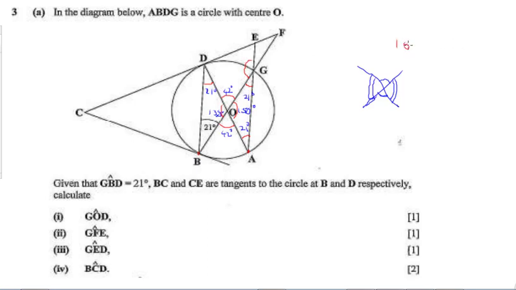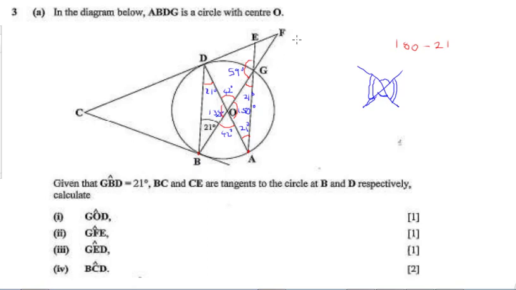So 180 minus 21 gives us, sorry, gives us 59. 180 minus 21 gives us 59. So we've got 59 degrees there.